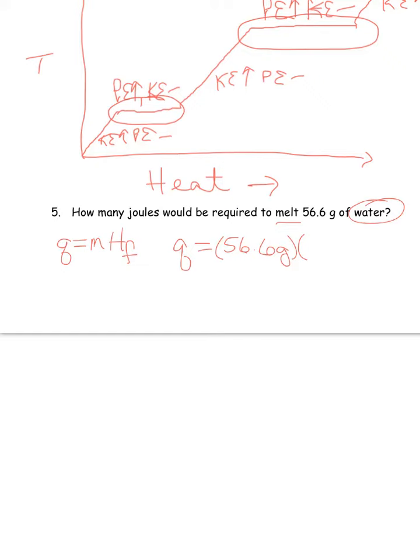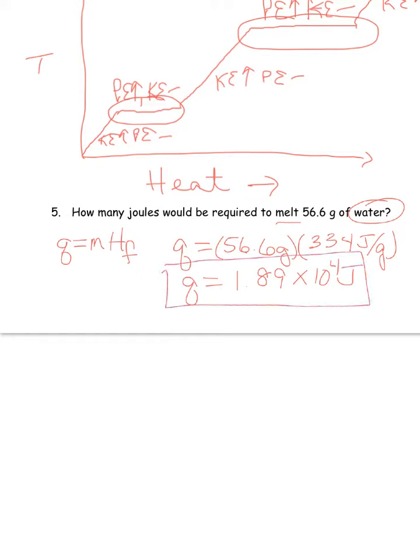We remember we can look up the Hf of water, and it is 334 joules per gram. When we multiply those two out, we're going to get a Q value of 1.89 times 10 to the fourth joules. Again, I typically like to use scientific notation for numbers that are in the 10,000s.